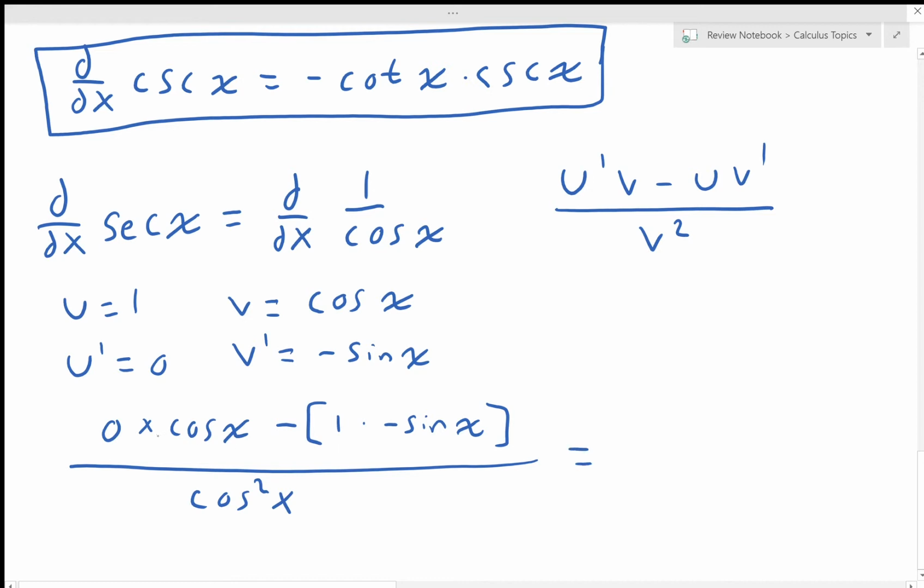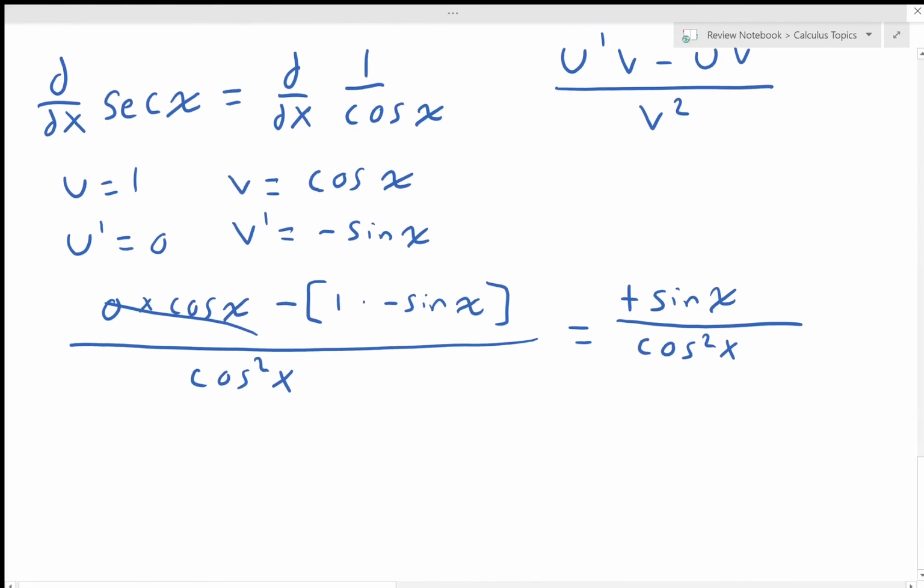Here again we see 0 times anything cancels out. Negative times a negative would be a positive sine x over cosine squared x. And I'm going to rewrite that as sine x over cosine x times 1 over cosine x, which would be equal to tangent. Wait, what did I do wrong here?